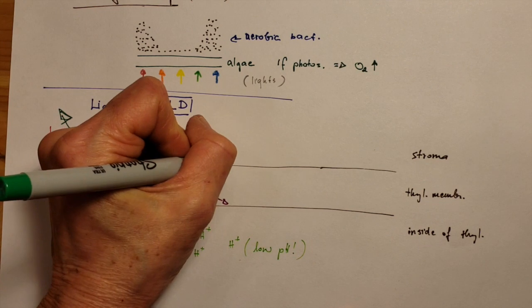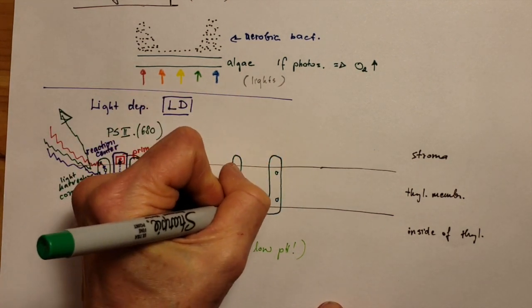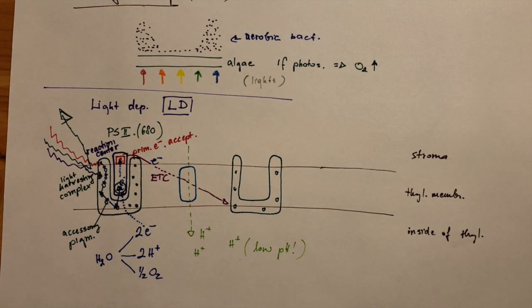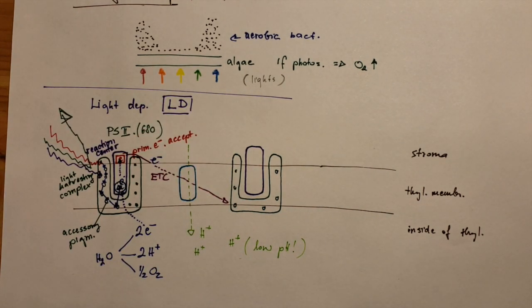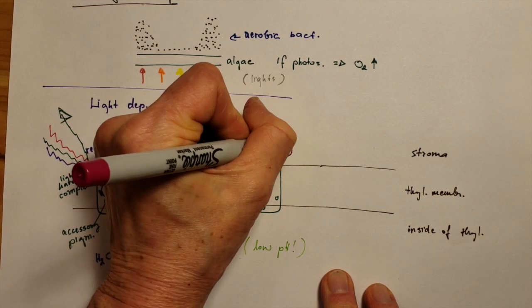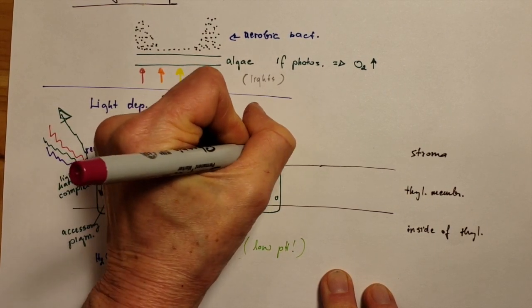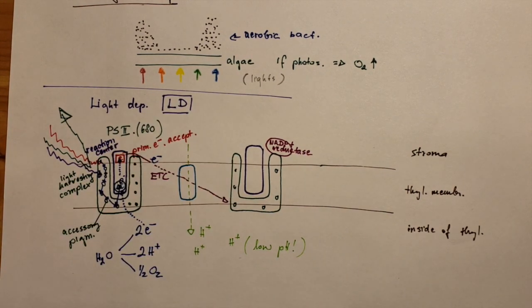Pay attention that the pH is low inside of the thylakoid. Here comes the second photosystem, and it has a reaction center too. Next to photosystem 1 is attached the NADP plus reductase, an enzyme.